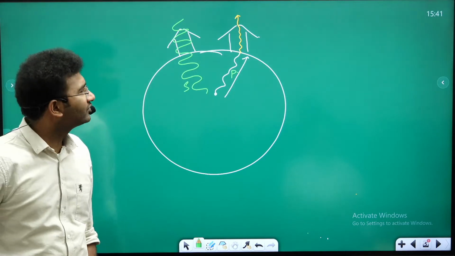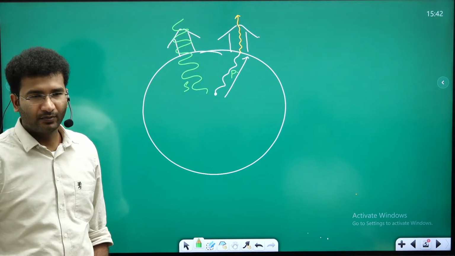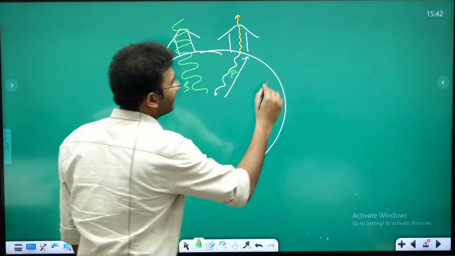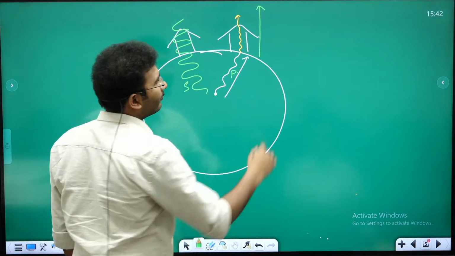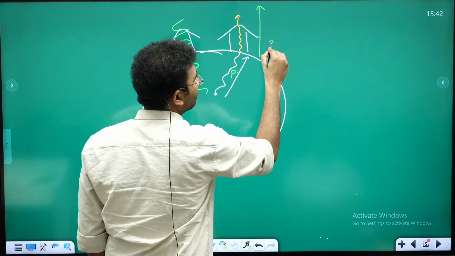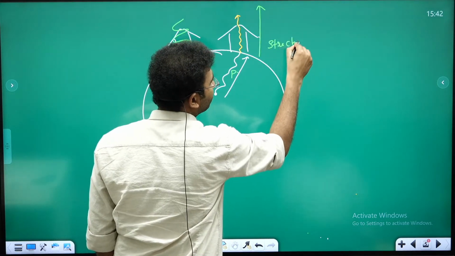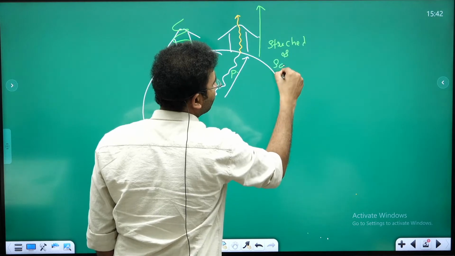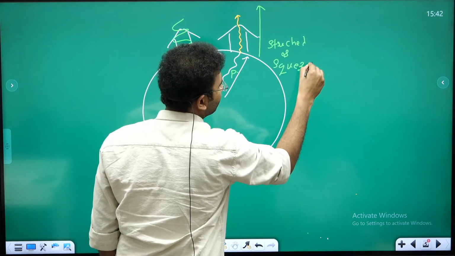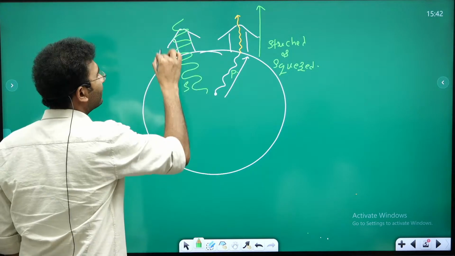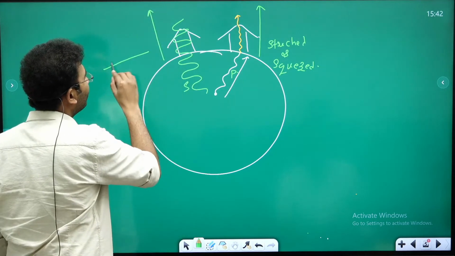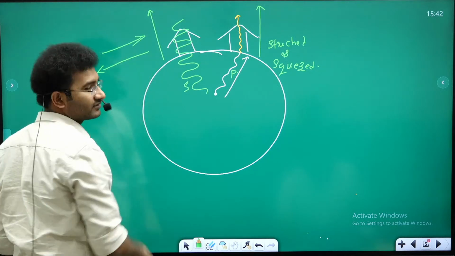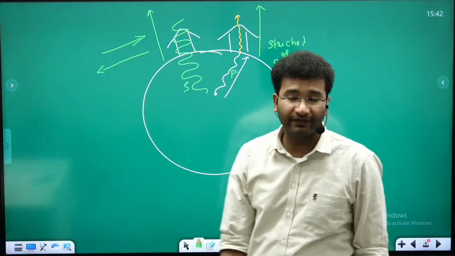Now this is for a general understanding which I have told you, but look here, the direction of the wave is moving in this direction, but the materials are stretched and squeezed. The direction of the wave is in this direction, but the materials are moving sideways, moving this way. It created a trough and crest.